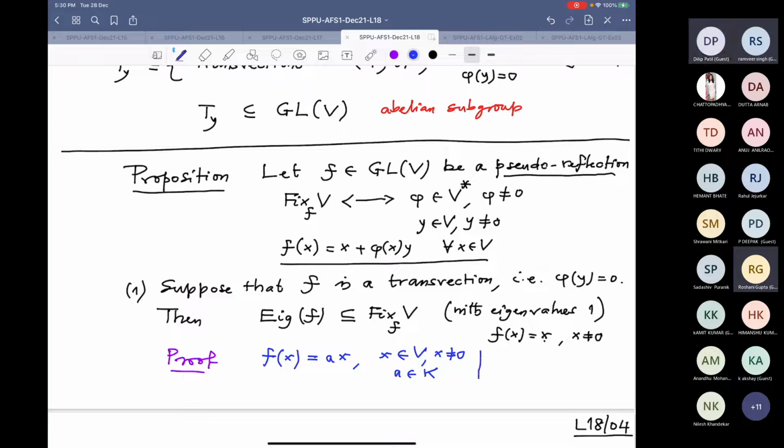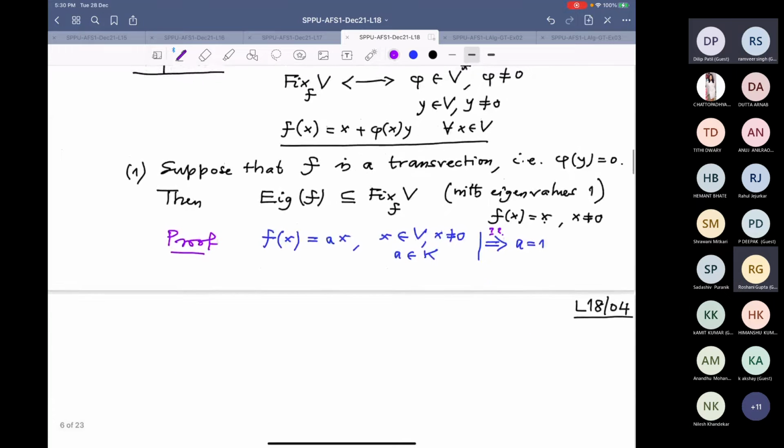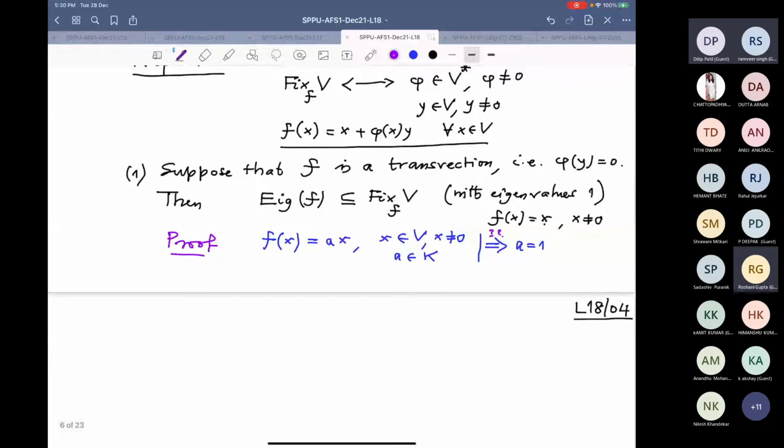So this should imply a equals 1. That is very easy checking for you. You should do that. So this is what you have to do. All right, so this is not difficult.